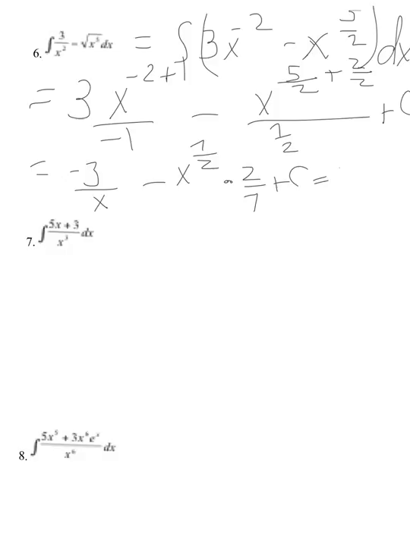So that should give us a negative 3 over x, and this minus sign times x to the 7/2 times 2/7 would be minus 2/7, and then we have x to the 7/2 and our plus c.